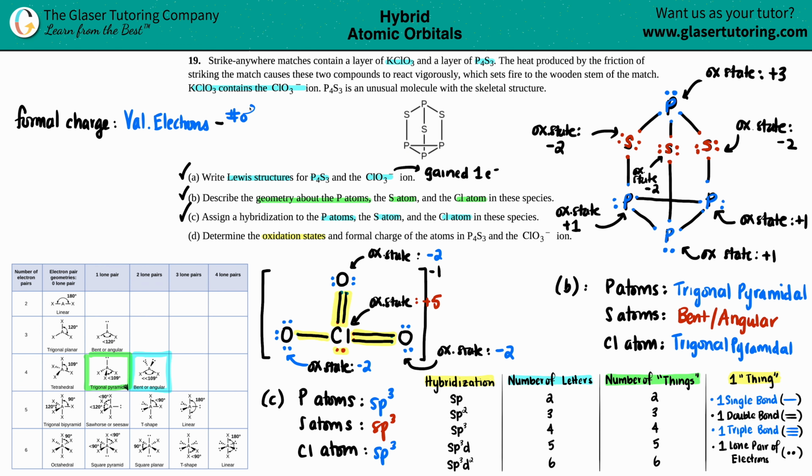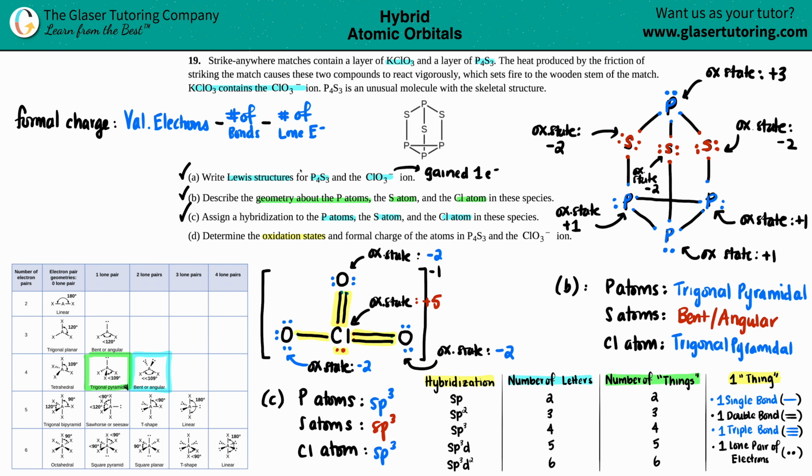I'll put this little symbol, which used to mean number back in the day. Now it's a hashtag, but that just means number. So number of bonds minus number of dots, aka your electrons. So we'll say number of lone electrons, the dots.